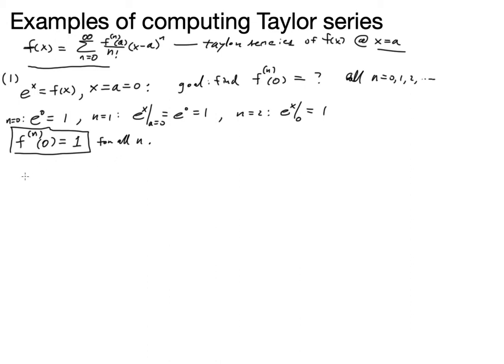Anyway, we have it now. So f of x, which is equal to e to the x, has the series, the sum starting at 0 and going up forever, of 1 over n factorial times x to the n.